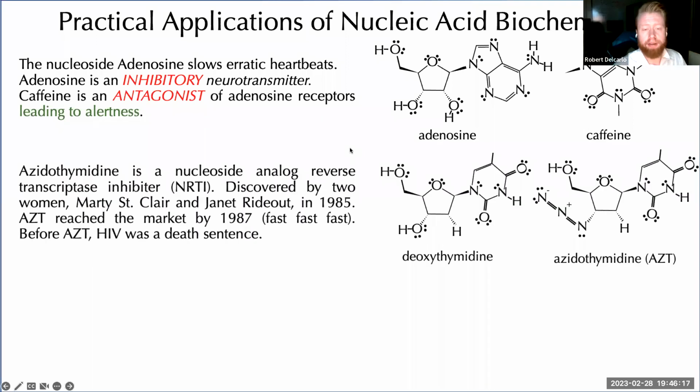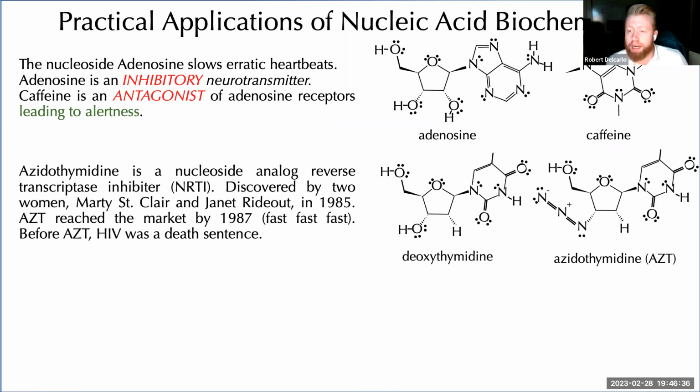Another major use of nucleotide and nucleoside biochemistry are antiretrovirals. So azithromycin is a nucleoside analog reverse transcriptase inhibitor, NRTI, discovered by two women, Marty St. Clair and Jade Rideout, in 1985.